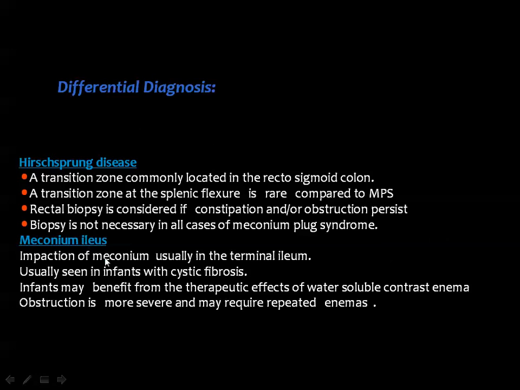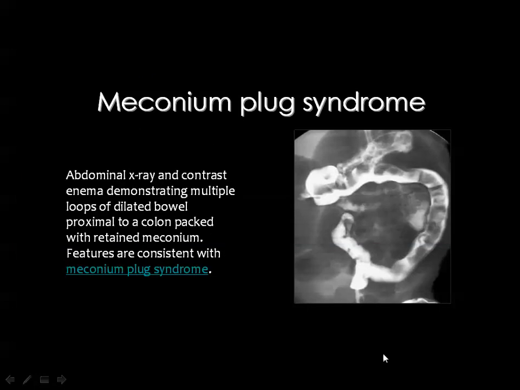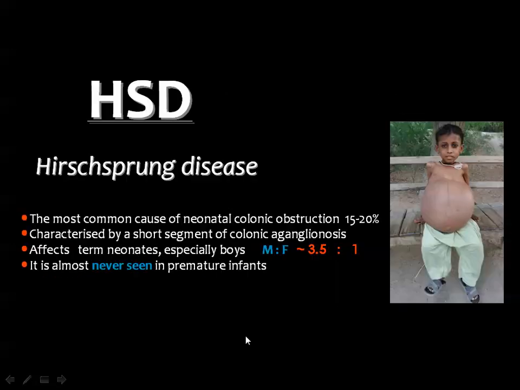Meconium ileus has an intimate relation to cystic fibrosis, and infants may benefit from the therapeutic effects of a water-soluble enema to push the meconium. And if you see meconium with multiple filling defects in the distal part of the colon, this is known as meconium plug syndrome or small left colon syndrome.